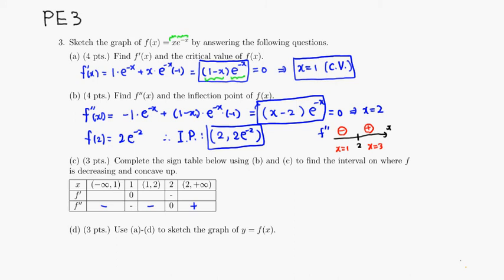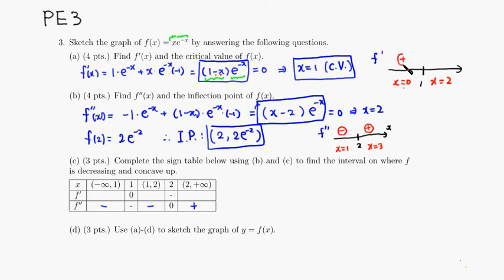The critical number is at 1. For f prime, you can try anything smaller than 1, like 0, and then we try 2. If you plug in 0, 1 minus 0 times e to the negative 0 is a positive value.